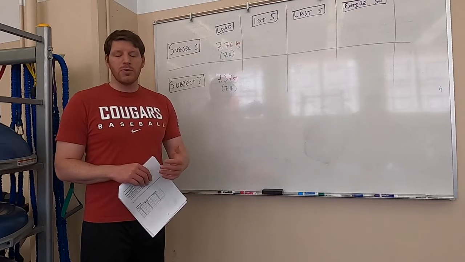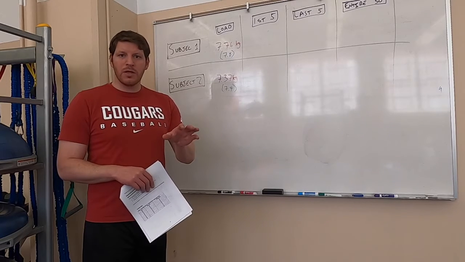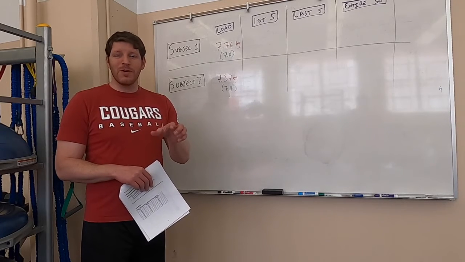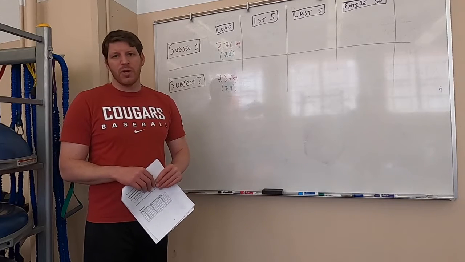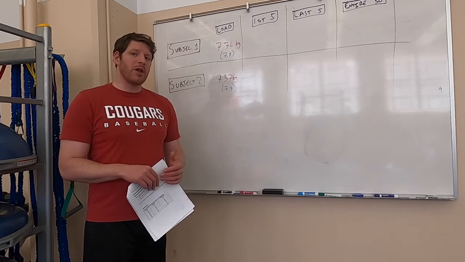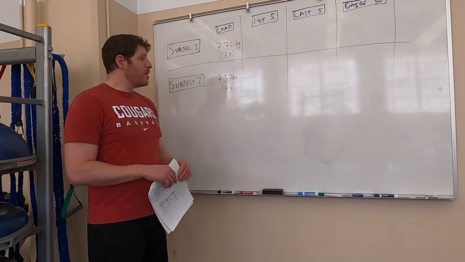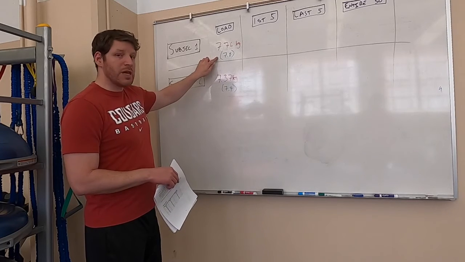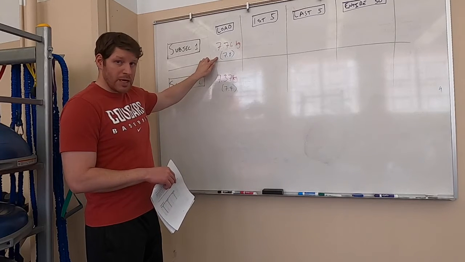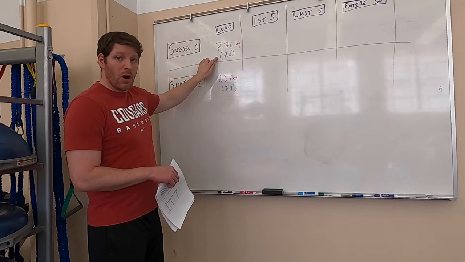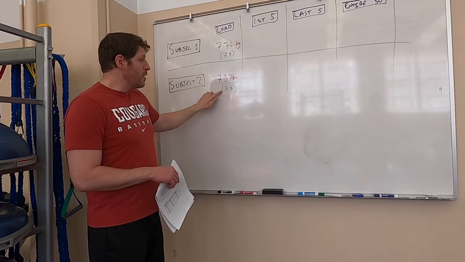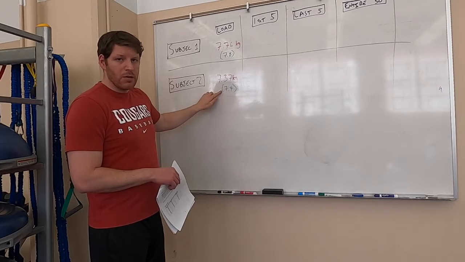And so that's what we're going to do today. But because loads can only be dropped in certain increments and not as precise as, say, a Velotron system, we have to sometimes modify that exact load. And so Cole's load will be rounded up to 7.8 kilograms because those are the units we can use for our system. And for me, the load will be 7.4 kilograms.